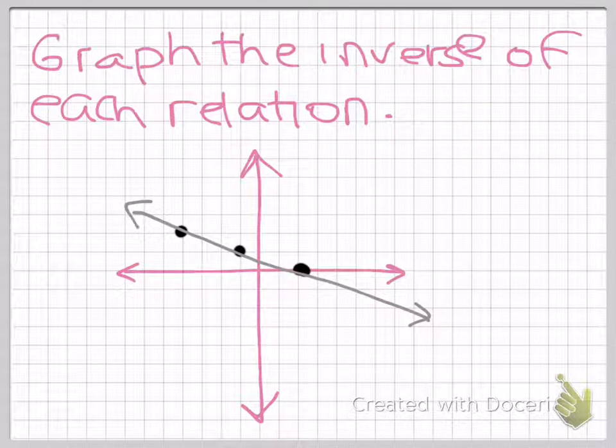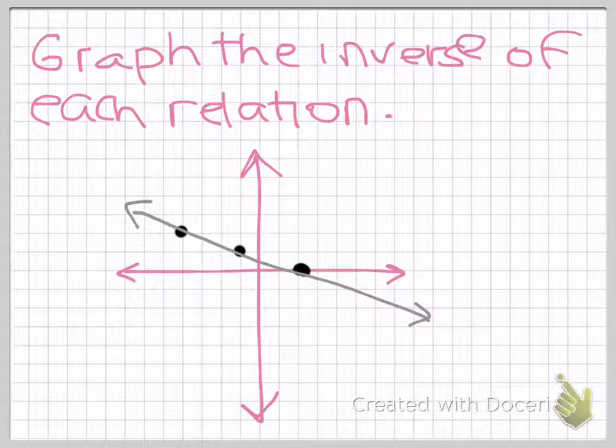Here we're asked to graph the inverse of the relation. We're given a graph with 3 clear points. The first thing we would need to do is get the equation of the relation, or I could get each ordered pair and graph those 3 ordered pairs as inverses.